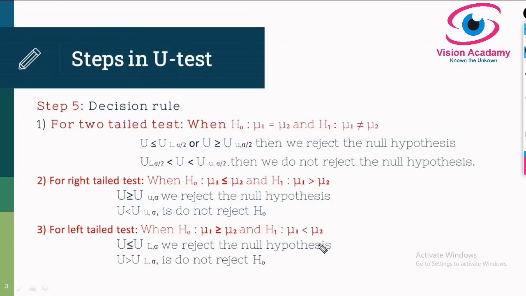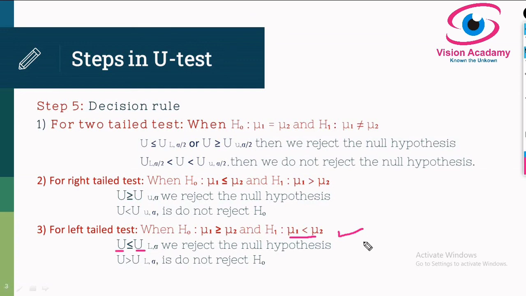Here you may see the decision rule for a left-tailed test. The null hypothesis is mu1 greater than or equal to mu2 and the alternative hypothesis is mu1 lesser than mu2. This is our case. Our tested U value is lesser than or equal to the table value.